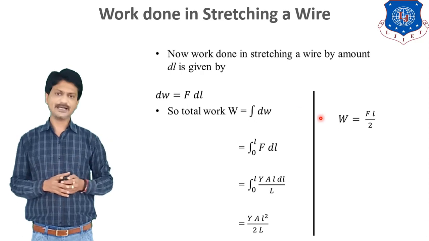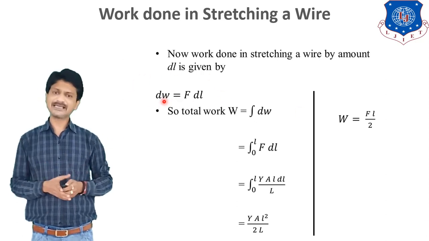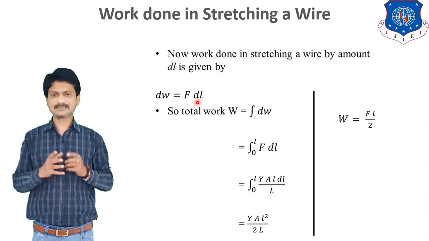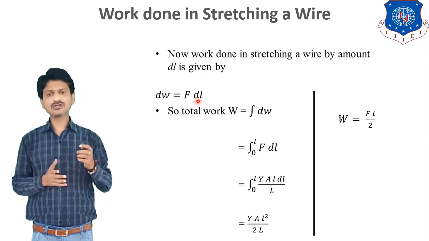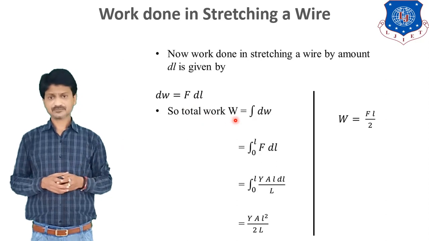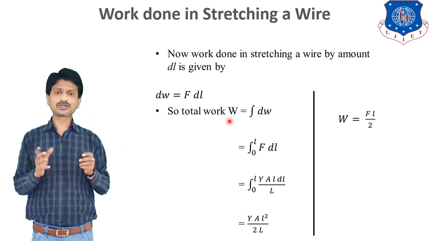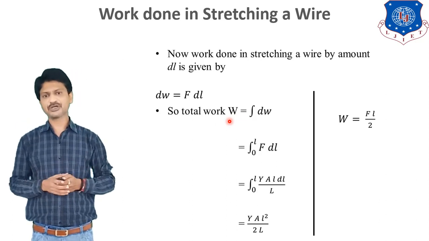Now the work done in stretching a wire by amount dl is given by dW equals F into dl. Here the equation comes from the basic equation that work equals force into distance. That's why we are considering dW equals force into dl. If we want to find the total work, then we have to integrate that dW term.